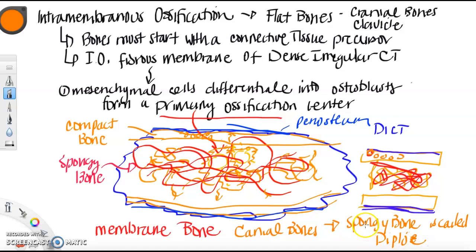And it doesn't mean it's anything different. It's just for whatever reason in cranial bones, it has that special name called diplo. So this would be diplo right here. Okay. So that's how we get membrane bone. So the next video we'll talk about the rest of the bones.